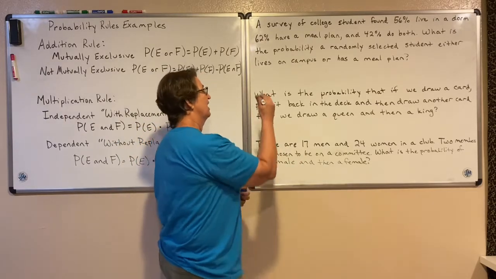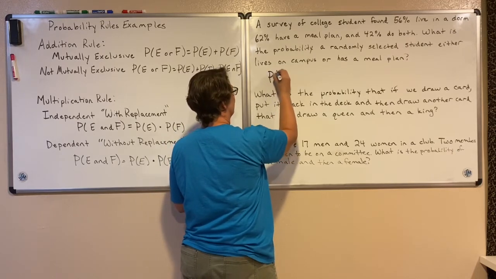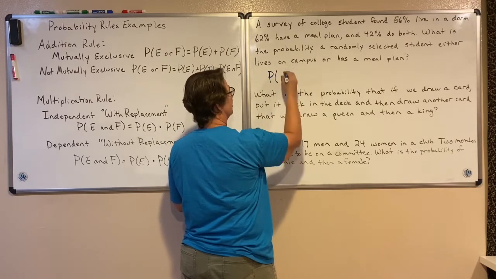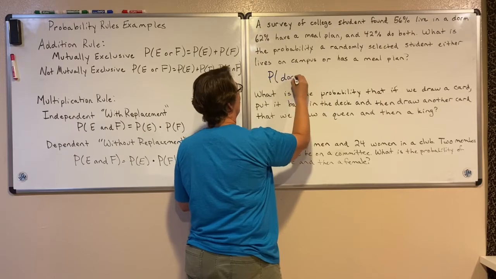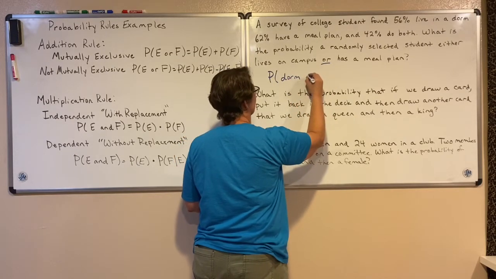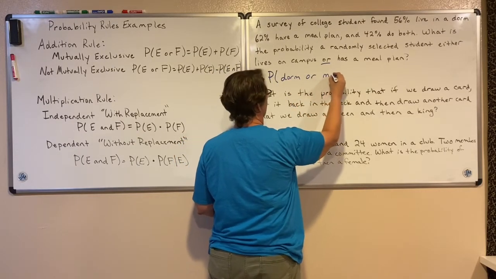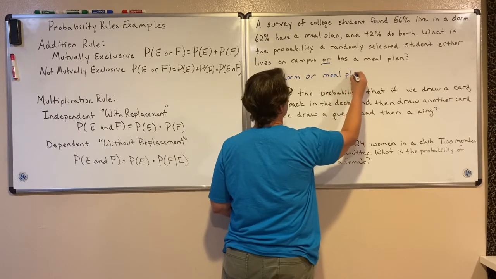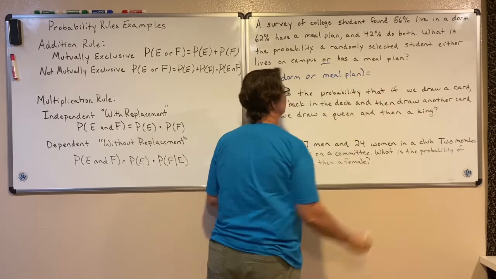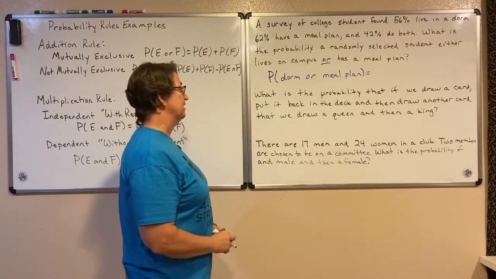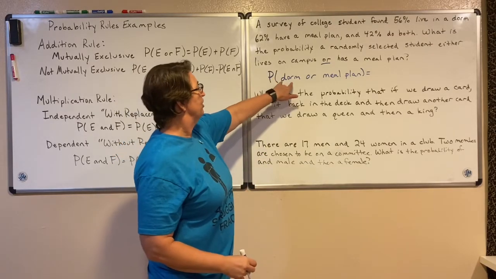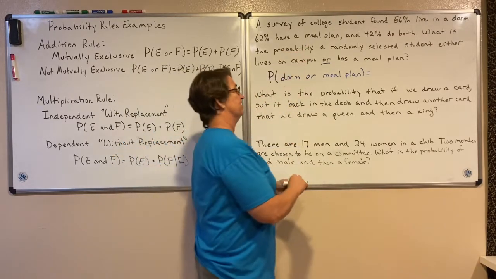So here I'm looking for the probability that they live in a dorm or they have a meal plan. So that "or" tells me that I'm just going to add those probabilities. So the probability that they're in a dorm is 56%.